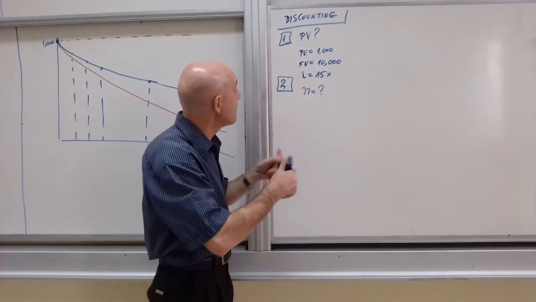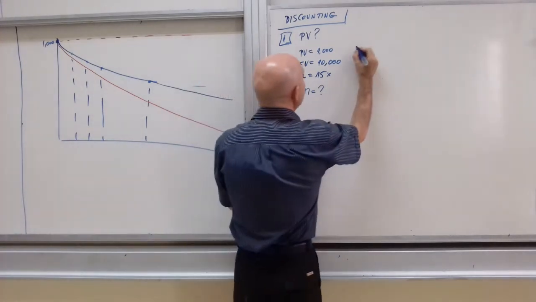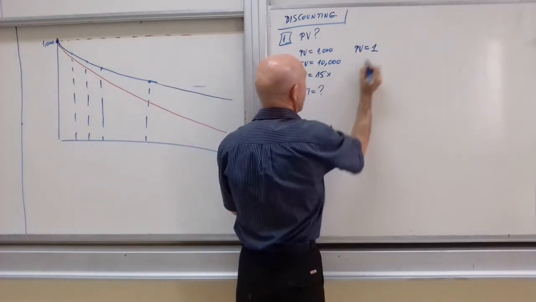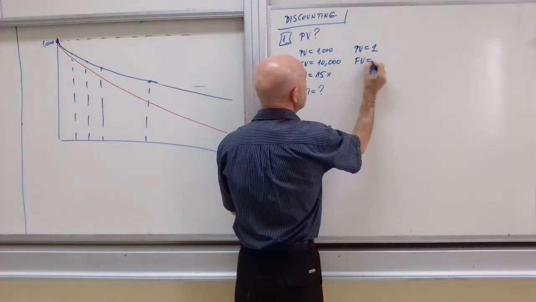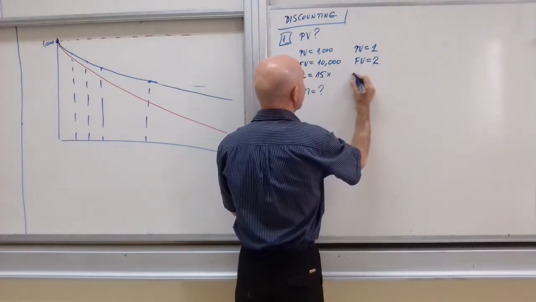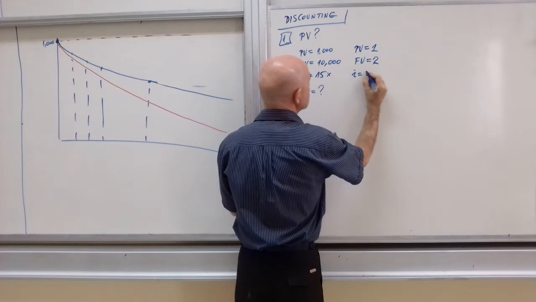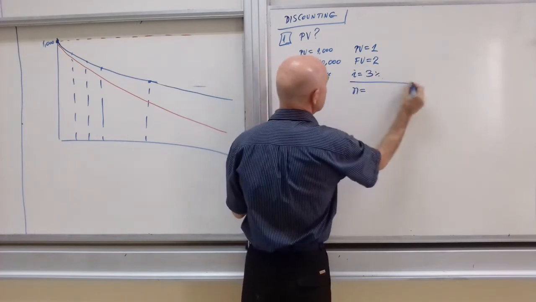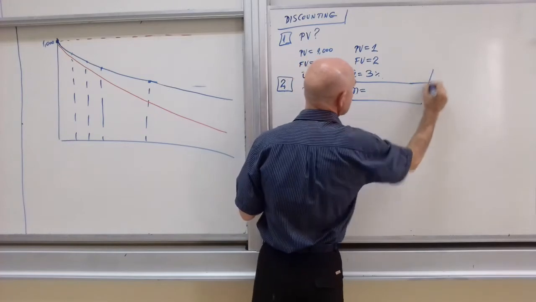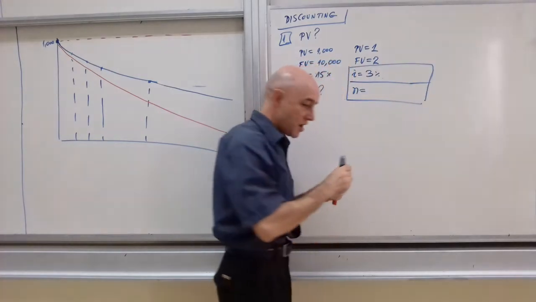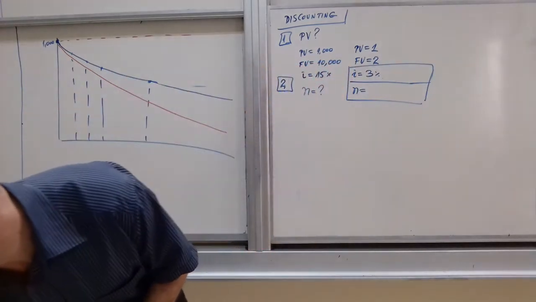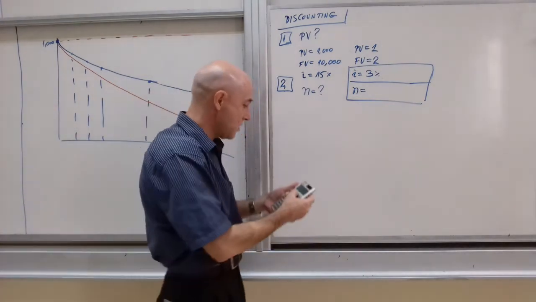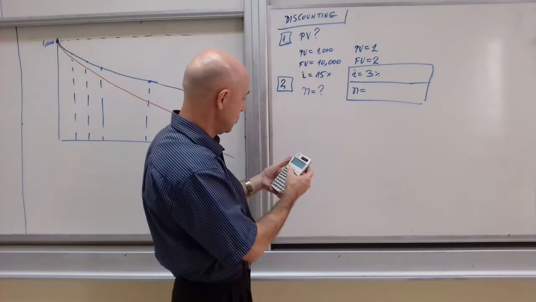So, to double my money, I write present value 1, future value 2, interest rate, I'm just picking a number, 3%, and N. Let's try to solve this problem and see how I'm going to do it.